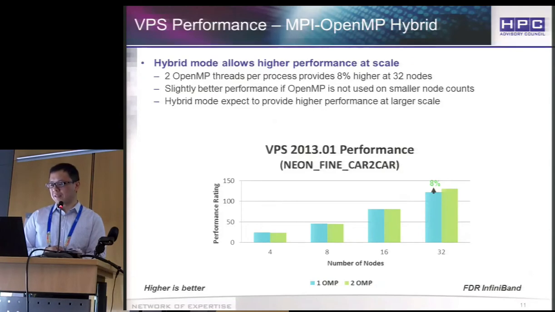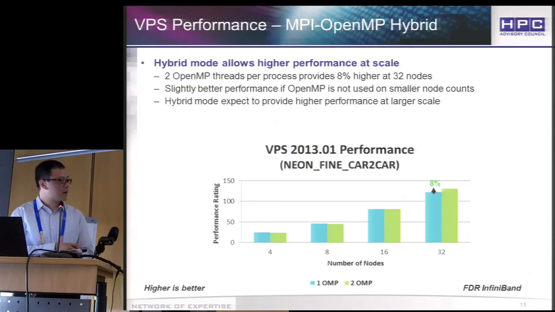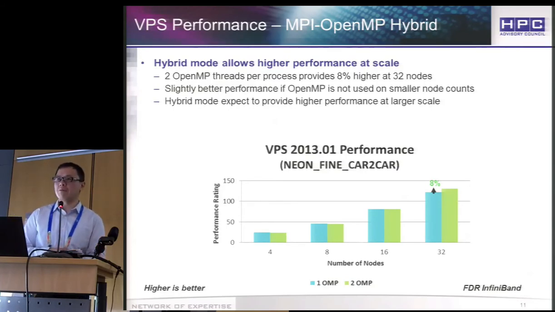As I said, with 2 threads spawned for every MPI process, it helps get higher scalability. Here you don't see much benefit at 4, 8 and 16 nodes. They're somewhat equal when you're using the hybrid mode or the MPI mode.